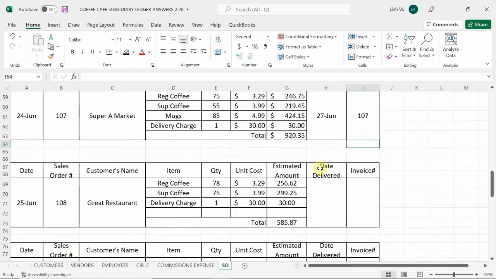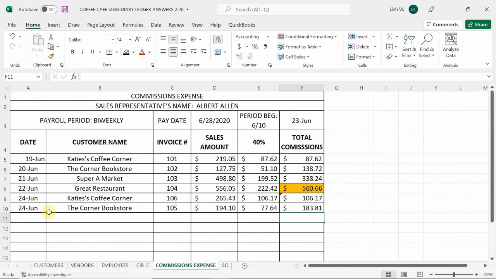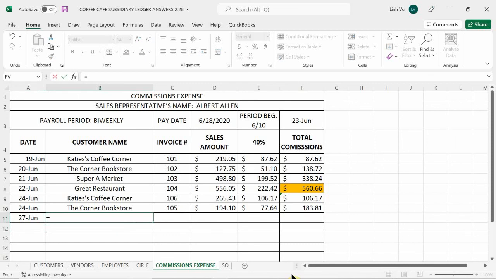Okay. So because we did that, that was $920.35. So that means for Mr. Albert, we get to calculate the commissions he has earned for Super A Market, which was a total of $920.35, right?